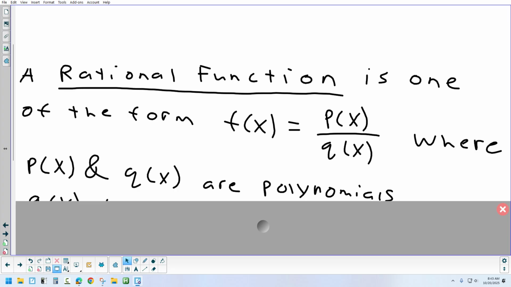So both the top and the bottom will be polynomials, which means you can't have any exponents that are negative. Okay? You can have things like this. Okay, that's an example of a polynomial. You can have fractions, okay, that are numbers.